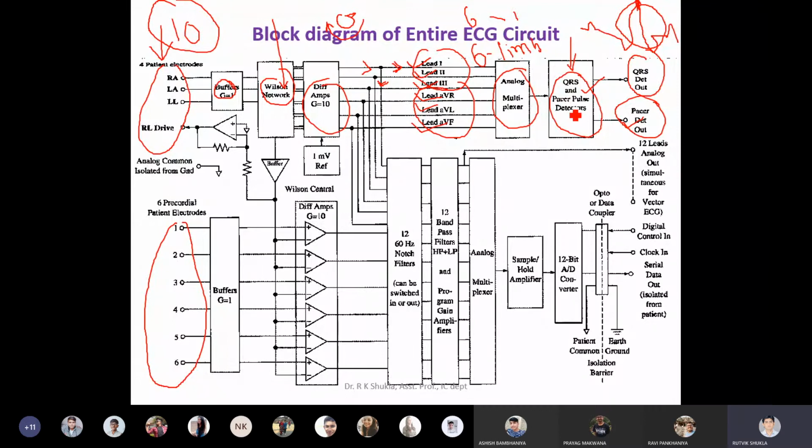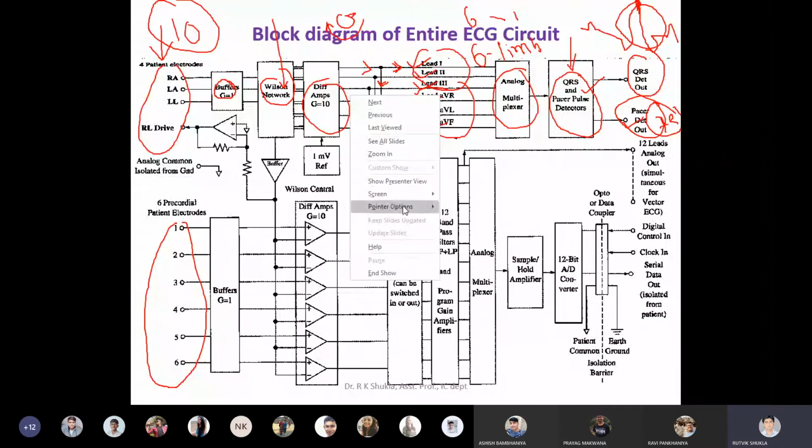If the patient generates 72 beats per minute, then Pacer generally indicates that it is 72. So it gives the peak. Whenever it gets the peak of the R wave, at that time this will generate one signal from here. So this is one path.